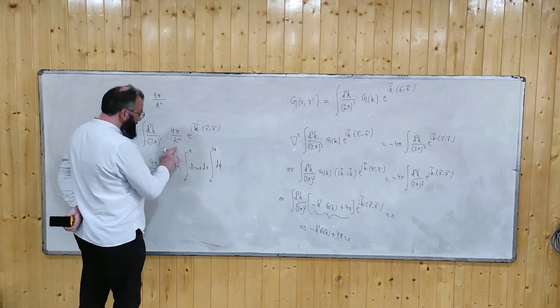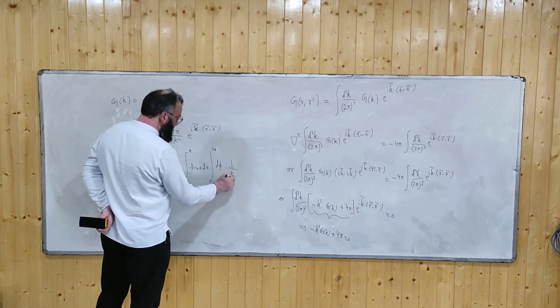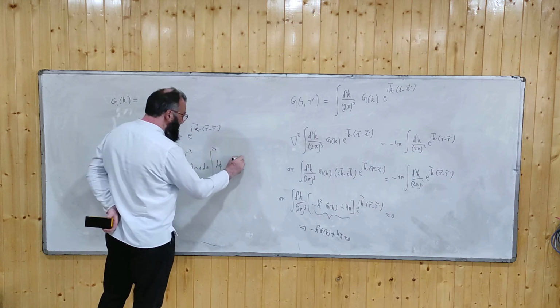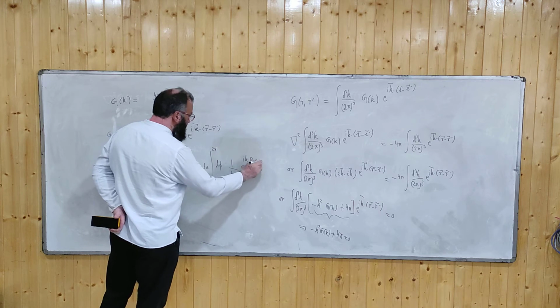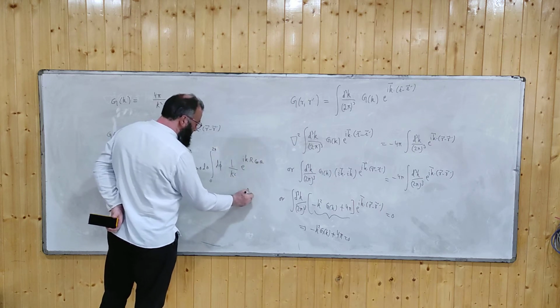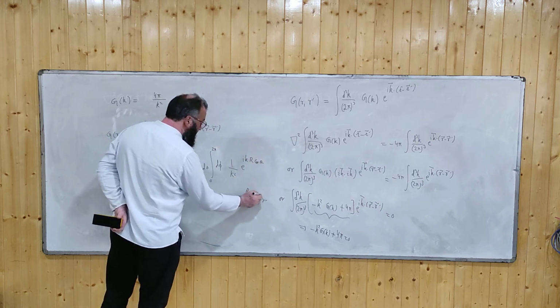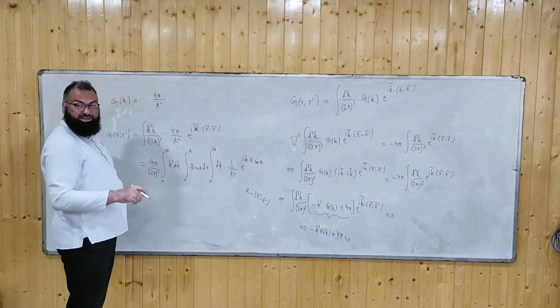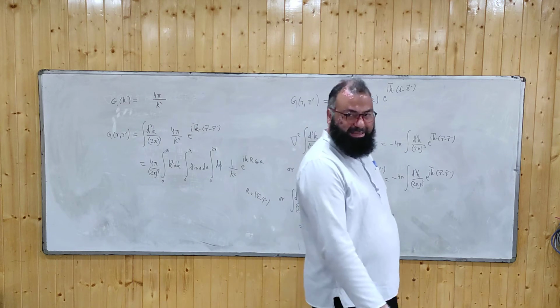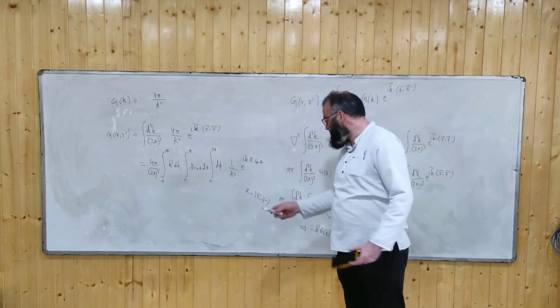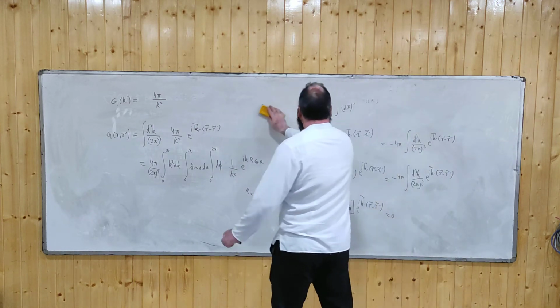You have this 1 by k squared, e raised to i k R cosine of theta, where R is equal to the magnitude of r minus r prime. Because this is k dot r, you write it as magnitude of k, magnitude of r minus r prime, multiplied by cosine of theta. That magnitude I have put as capital R.